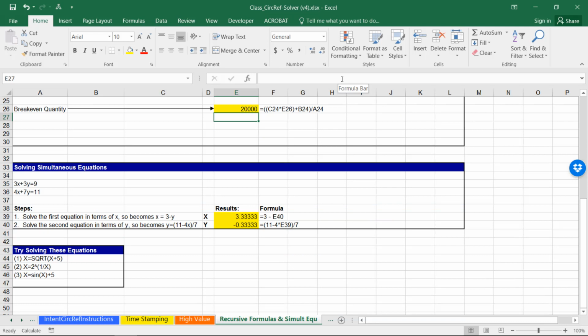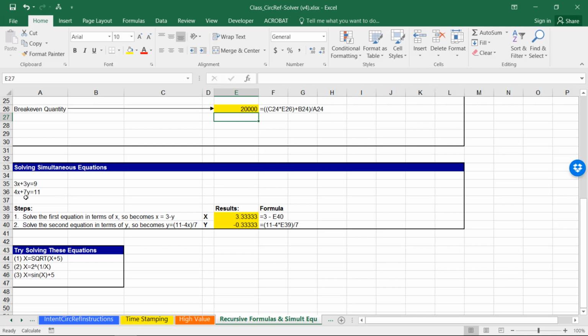Moving down, we'll now solve for simultaneous equations. Here we have two equations, 3x plus y equals 9, and 4x plus 7y equals 11. Well, I can solve for x in the first, divide both sides by 3, and I get x plus y equals 3, and then subtract y from both sides, and I end up with x equals 3 minus y.